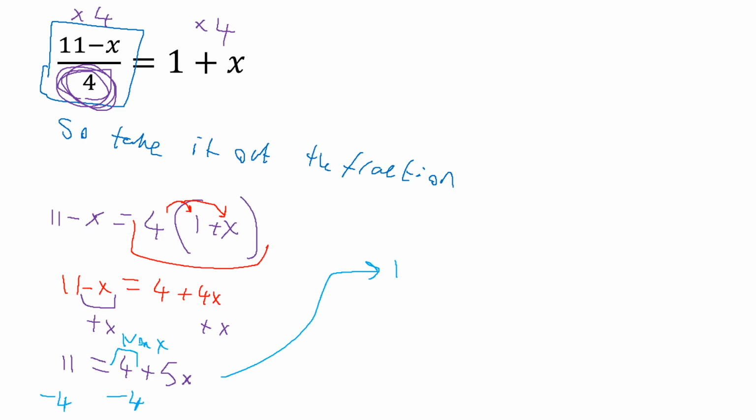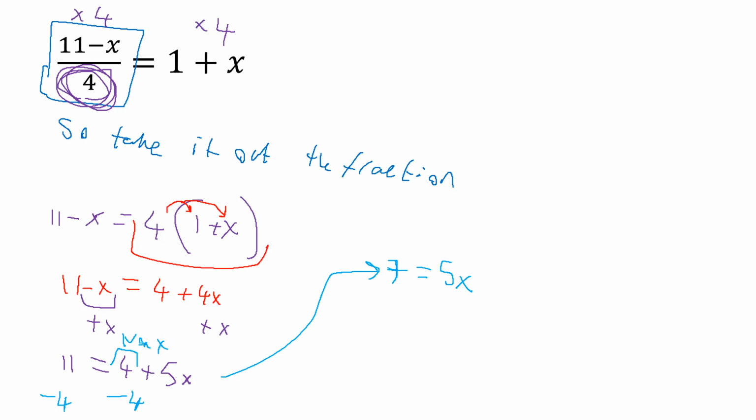So 11 minus 4 is going to be equal to 7. And 4 minus 4 is equal to 0. So we're left with 7 is equal to 5x.